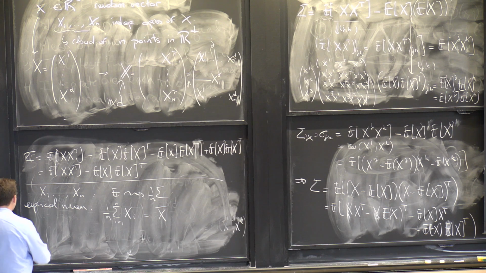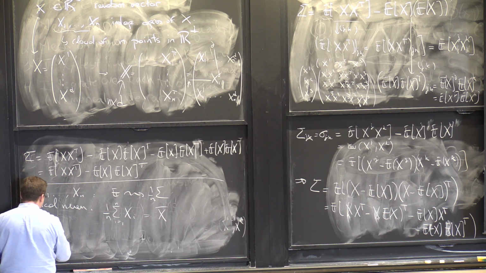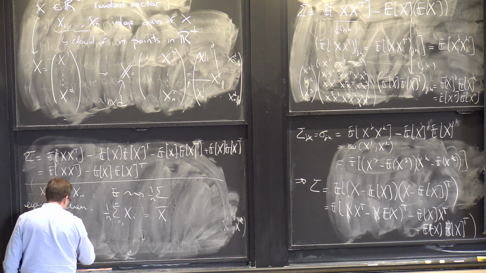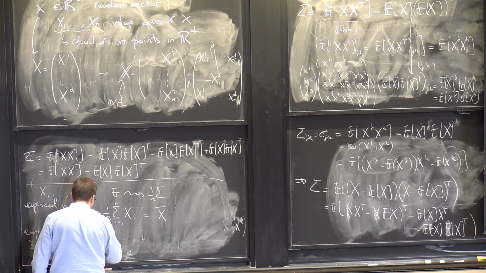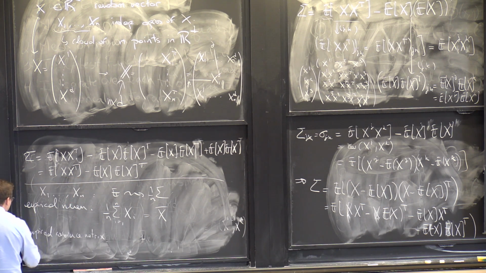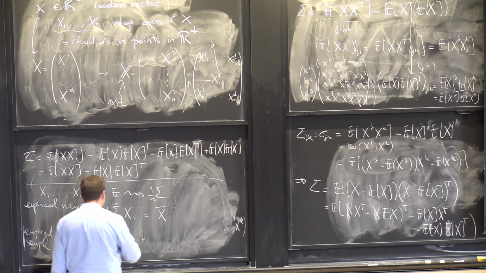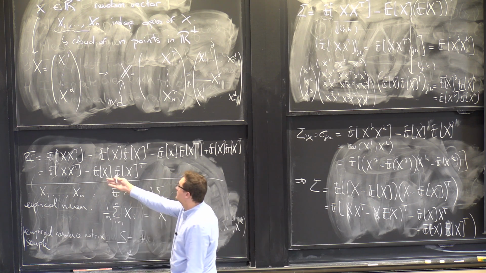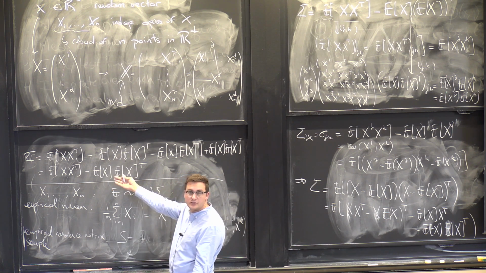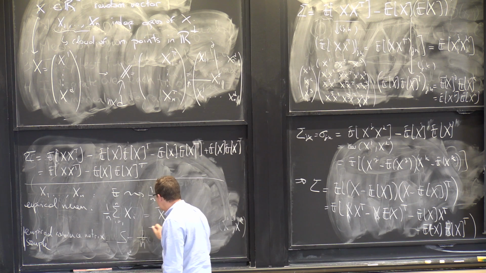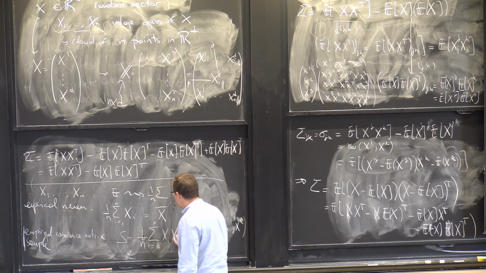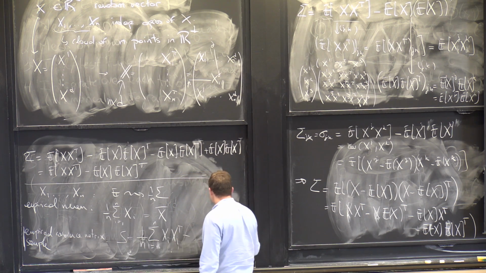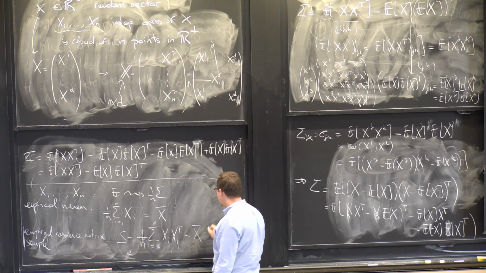And the empirical covariance matrix, often called sample covariance matrix, hence the notation S. Well, this is my covariance matrix, right? Let's just replace the expectations by averages. 1 over n, sum from i equals 1 to n of xi xi transpose, minus, this is an expectation of x, I will replace it by the average, which I just called x bar, x bar transpose.